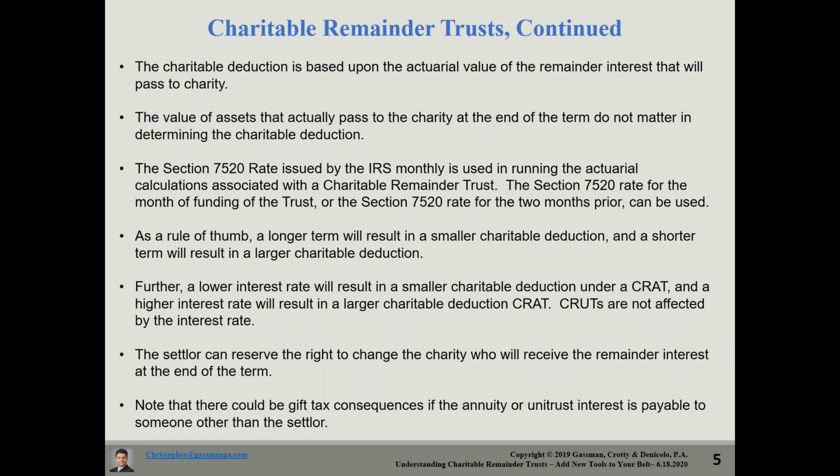And let's say, and I'm just using round numbers here, the numbers of course are a little bit different based upon time value of money, that the charitable share is 32%. Well, then you have a charitable deduction equivalent to $320,000, but you still have that gift of the term interest, whether it's based upon a term of years or lifetime of a beneficiary.